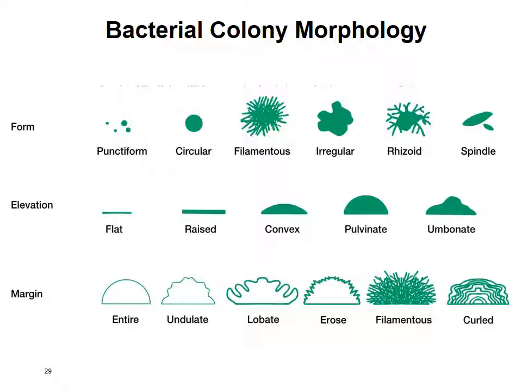The general form of the colony shown in the first row, and the shape of the edge of the colony or margin shown in the third row can be determined by looking down at the top of the colony. Then, viewed from the side, we can actually determine the nature of the elevation of the colony as the plate is held at eye level. Elevation is shown in the second row.